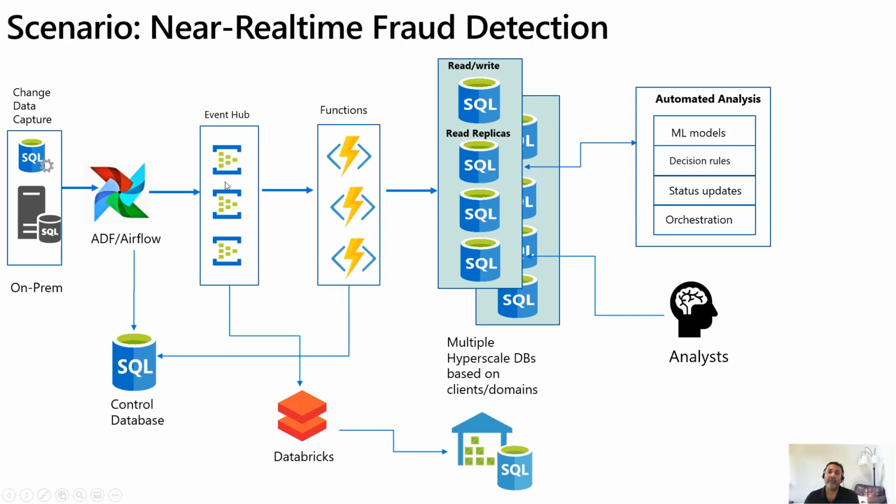It lands into Event Hub or IoT Hub, depending on if it's an IoT scenario or not. This data then could be picked by Azure Functions. Arriving data triggers an Azure Function, which then pushes that data up to Hyperscale in micro batches using bulk copy.